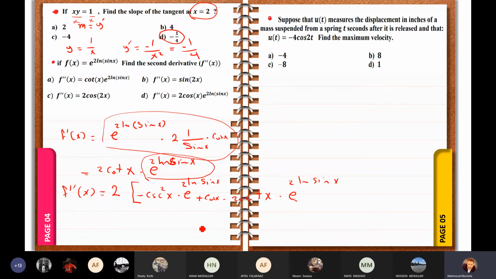Right here, you can take cotan x here, so it will be negative 2 cosecant square x e power 2 ln sine x plus 2 cotan multiply cosine is what?